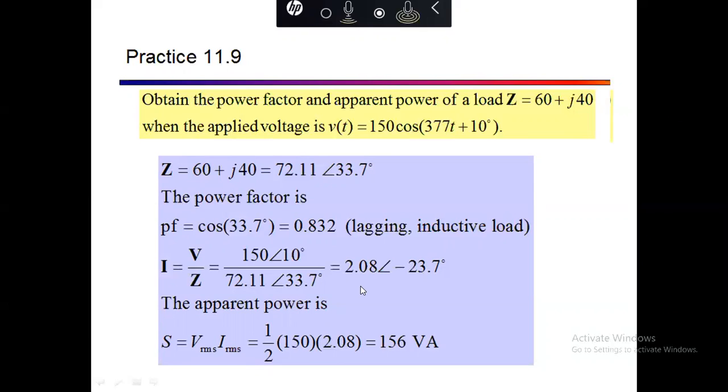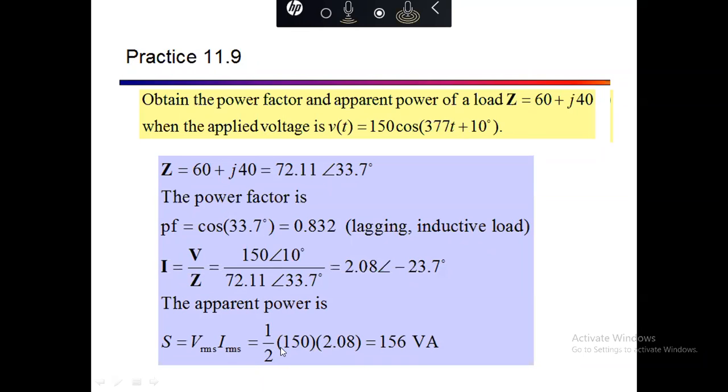So we can find the value of the power drawn by the load by multiplying these two values and dividing by 2, because the answer is the same as when we take the RMS value.